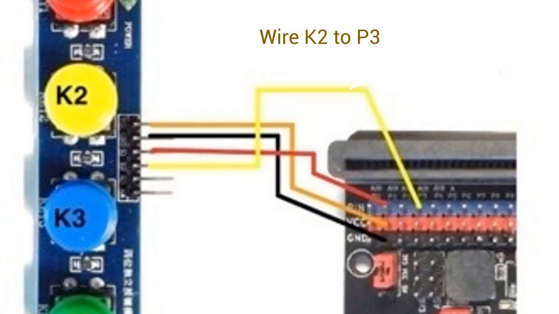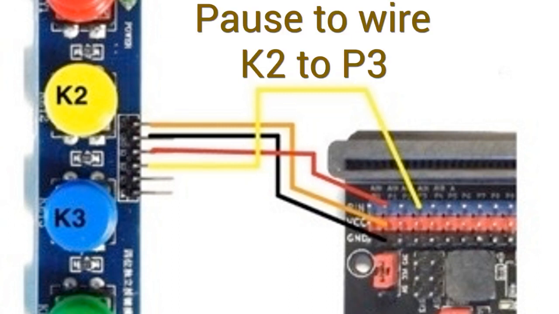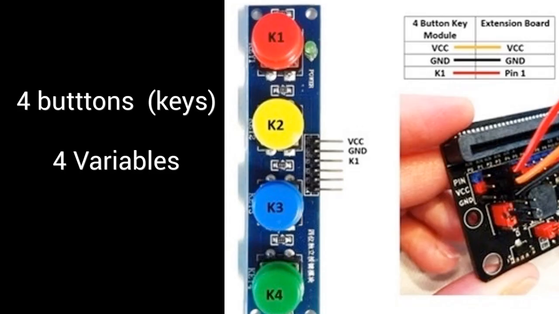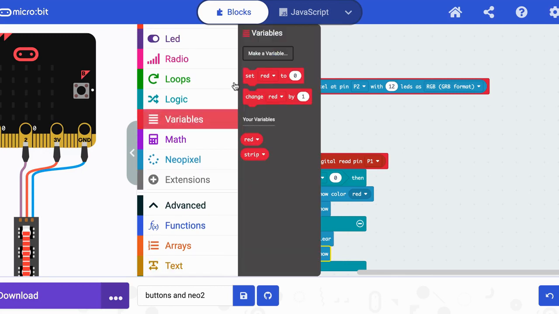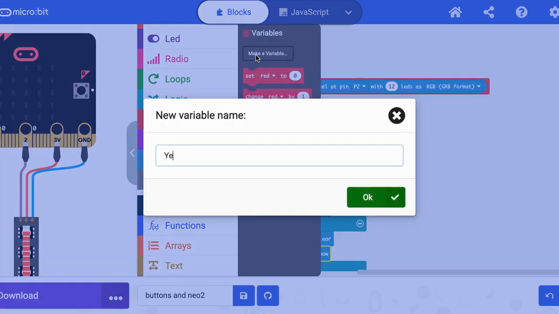To make the yellow button work, or key 2, we start with proper wiring. Make sure you have it wired as shown. There are 4 different colored keys, so you have to have 4 variables, 1 for each color of button. For the yellow button, let's set up a variable, and let's simply call that variable yellow.